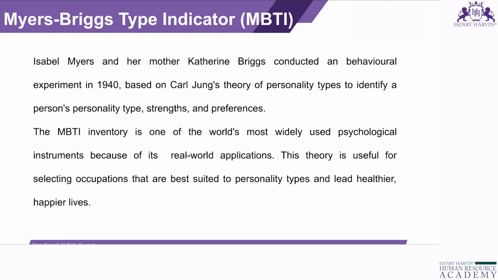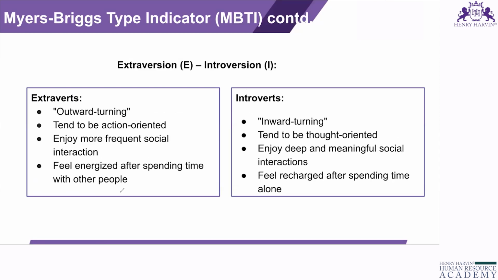As we just discussed about personality typology, in the Myers-Briggs the first pair is extroversion and introversion, indicated by E and I. Extroverts are outward turning. They are more motivated when they are in a group of people, tend to be action oriented, enjoy more frequent social interaction, and feel energized after spending time with people.